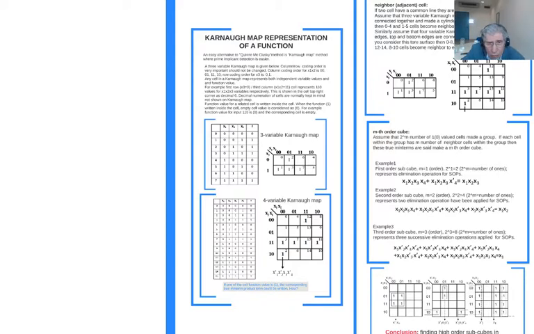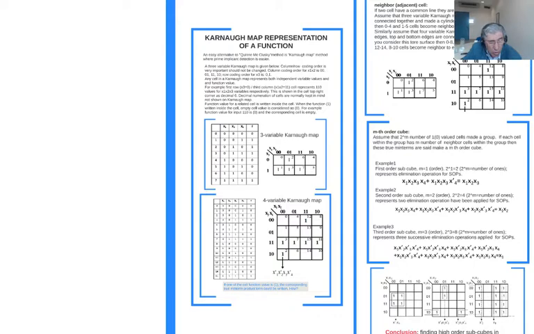These 4 columns represent x1 and x2 variable values. There is something special about these columns. If you look at the columns next to each other, for example the 0,0 and 0,1 columns, only one variable is changing from this column to this column. That variable is x2, isn't it? The x2 value for this column is 0, while for this column it is 1. But the x1 value is not changing.